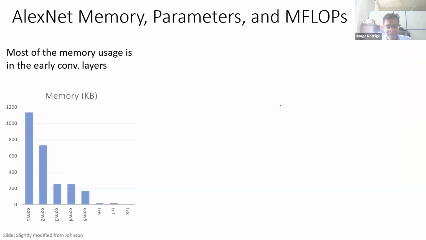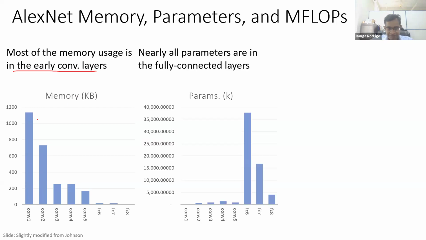Okay, let's move forward. If you analyze the memory usage from the previous table, we are plotting it. Most of the memory usage is in the early convolution layers. What's the reason? Because there the spatial size is large. And nearly all parameters are in the fully connected layers, because fully connected layers have C in times C out, so many parameters there.